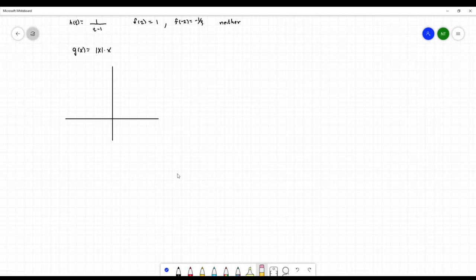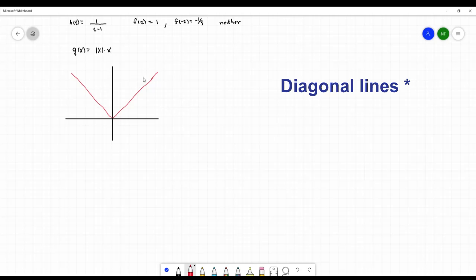Okay, so if we're going to graph this, guys, let's start by graphing the absolute value. The absolute value I'm going to graph in red. The absolute value looks something like this. It's two lines that are equal for the negative and positive values.